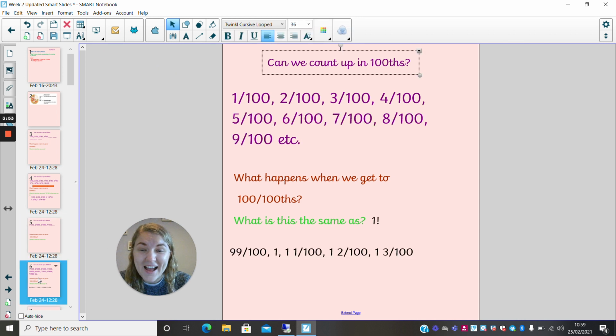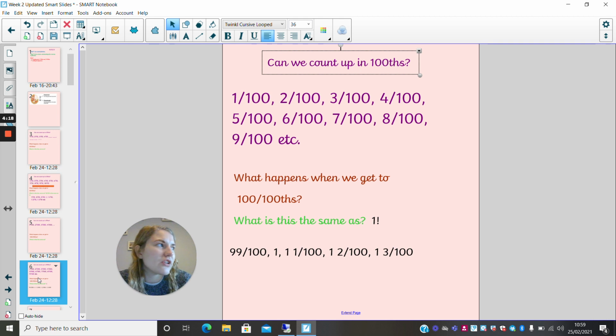Okay, welcome back. So your sequence would go 1 hundredth, 2 hundredths, 3 hundredths, 4 hundredths, 5 hundredths, 6 hundredths, 7 hundredths, 8 hundredths, 9 hundredths, all the way up. And then when you get to 99 hundredths, and then 100 hundredths, the same as when we're counting up in tenths, that is 1, okay?